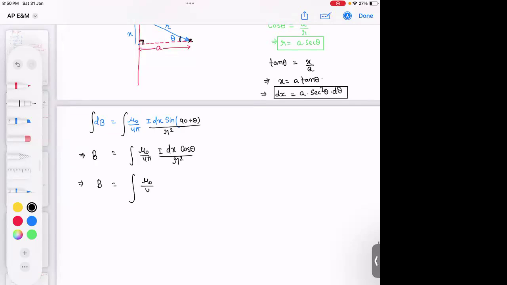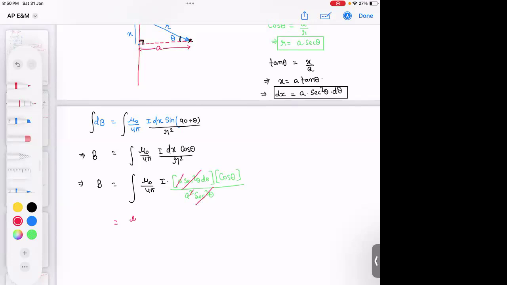Mu naught by 4 pi, common constant I, no problem. dx I can write as a sec square theta d theta. Cos theta leave as it is. r square means a square sec square theta. See that after simplification, sec square theta got cancelled out, and one of the a's got cancelled out.